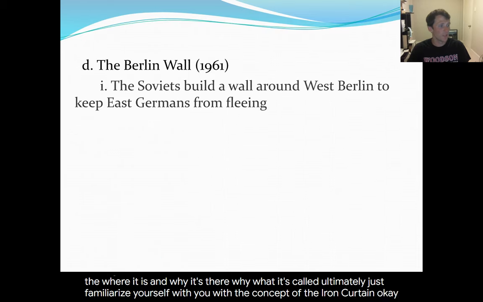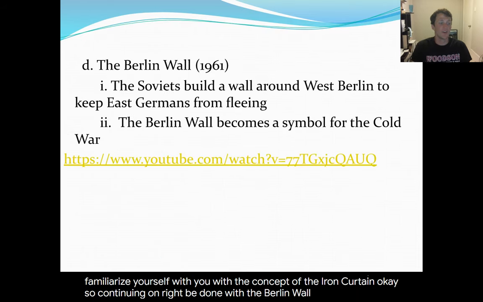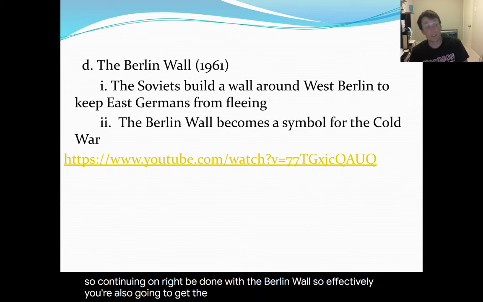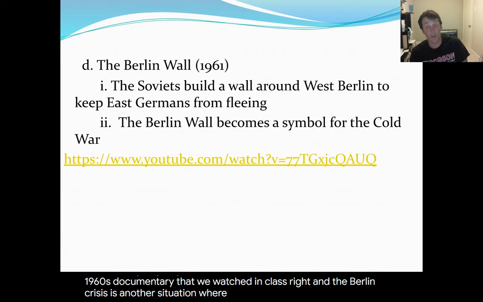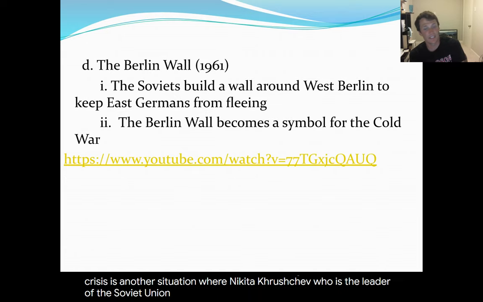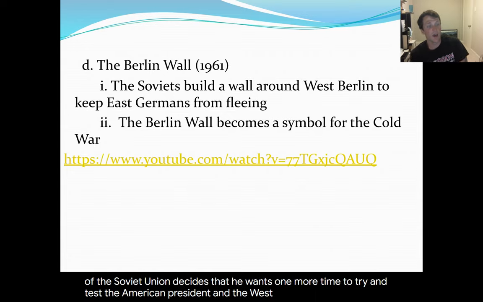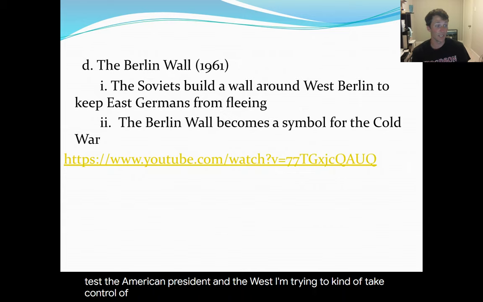Okay, so continuing on, right, we talked about the Berlin Wall. So effectively, you're also going to get the Berlin crisis that you actually saw in the 1960s documentary that we watched in class, right? And the Berlin crisis is another situation where Nikita Khrushchev, who is the leader of the Soviet Union, decides that he wants one more time to try and test the American president and the West, trying to kind of take control of Berlin, right?